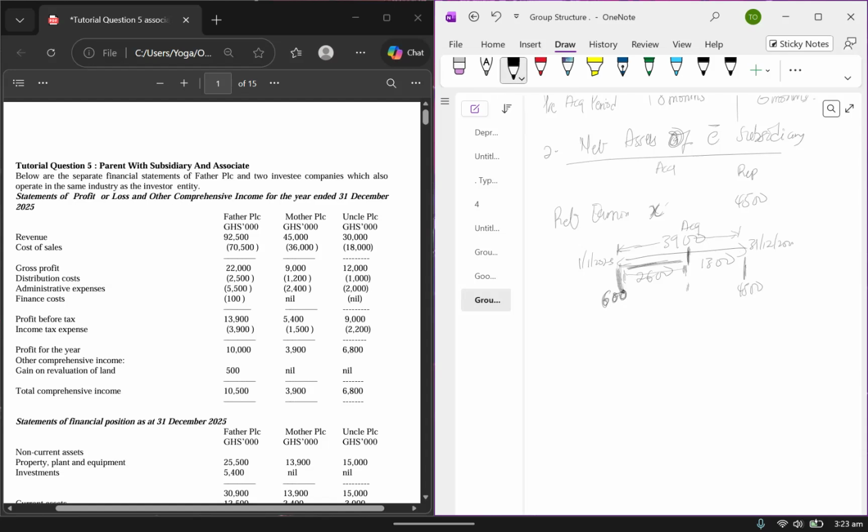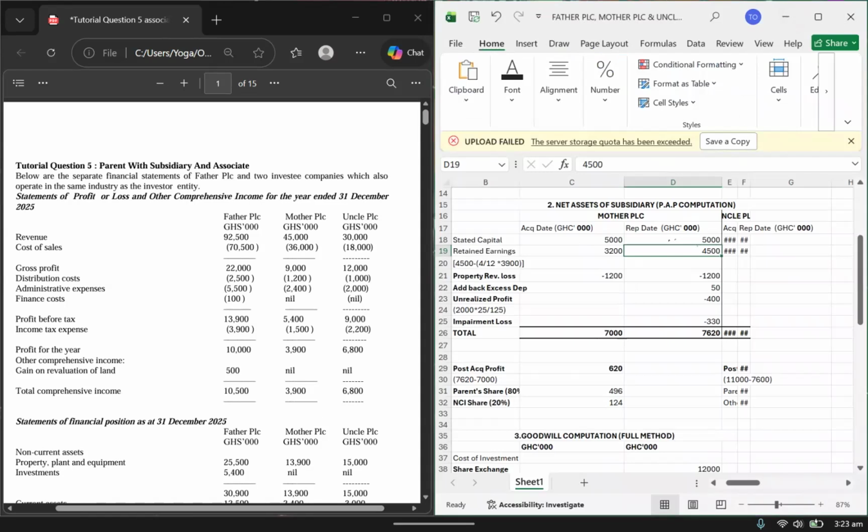So this 600 is the retained earnings as at 1st January 2025. When you add the profit from 1st January to 1st September, which is 2,600, it becomes 600 plus 2,600. For this side, it will be 4,500 minus 1,300. It will still give you the acquisition profit.